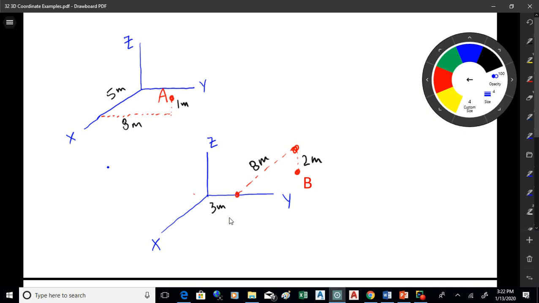So just look at the lines and what they're parallel to. That's how you figure out the direction of the lines. We're starting at the origin and going to A, and we're starting at the origin and going to B.